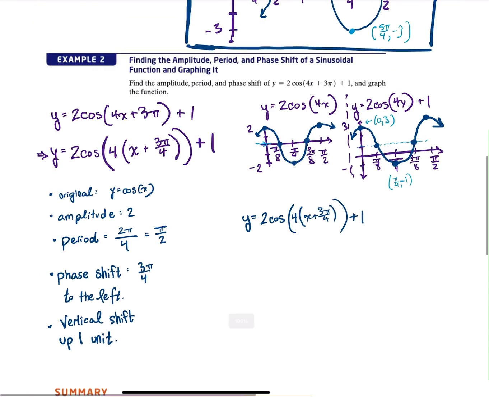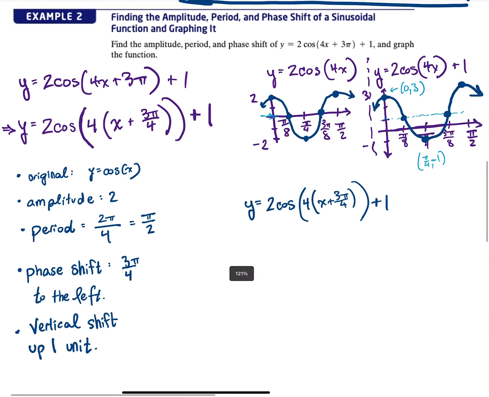I'm thinking about where this initial point, this point 0, 3, is going to begin, and then it will follow that cosine wave pattern afterwards. So if I'm going to the left by 3 pi over 4, it should just begin at negative 3 pi over 4. So I'll consider starting my graph there.